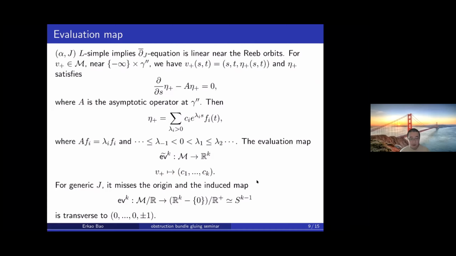That's how the R plus action acts. And then you quotient out the R plus action. It's diffeomorphic to a sphere of dimension k minus 1. Also for generic J, you can show that the evaluation map is transverse to the north pole and the south pole.